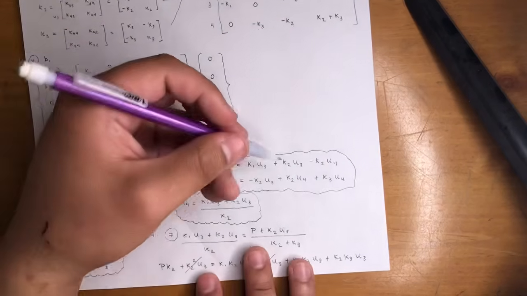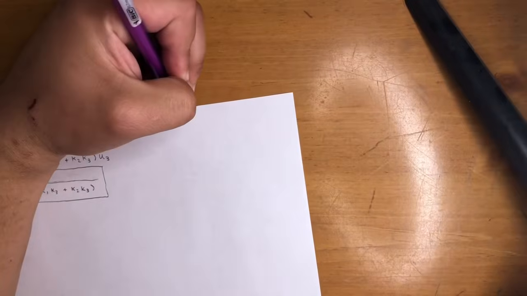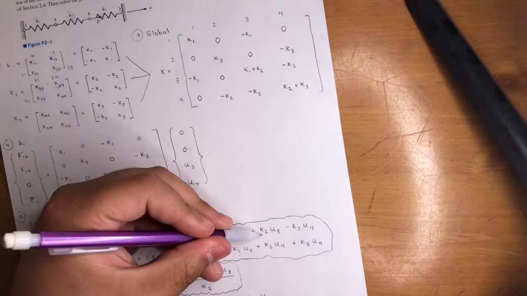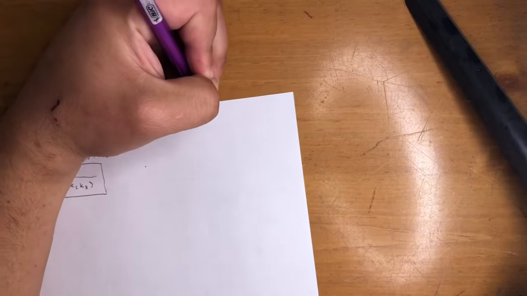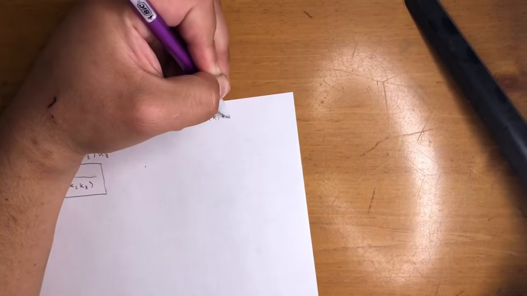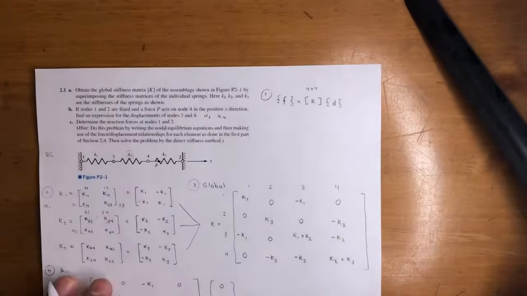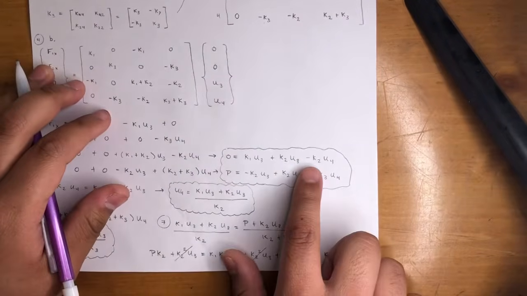Okay, so I'm just going to rewrite them. These are the equations. 0 is equal to, this is K1 plus K2, so times U3. So it's K1 plus K2 times U3, and then minus K2 U4.